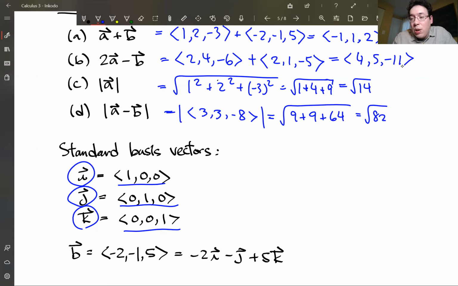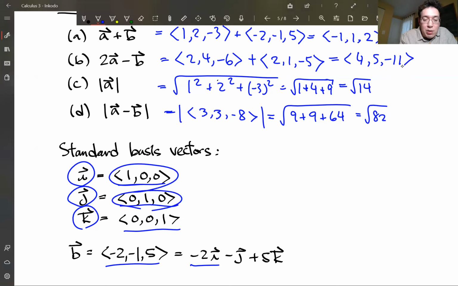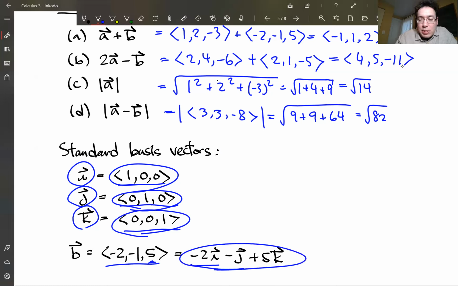And we could use this to rewrite other vectors. So instead of writing negative 2 comma negative 1 comma 5, we could rewrite that as negative 2 times the vector i, negative 1 times vector j, or when it's just negative, we could just say minus j, and 5 times k for the z component there. And sometimes I might write a vector this way. In fact, I want you to get used to both types of notation, so I'm going to use them interchangeably.